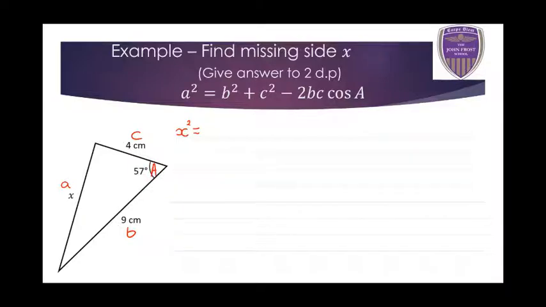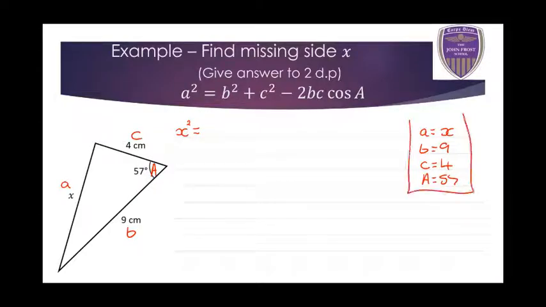So if I fill up my information, A was X, B is 9, C is 4, and angle A is equal to 57. Okay, so jot down all this information just so you know what you're working with. And to fill out this formula, we're going to reuse the formula.